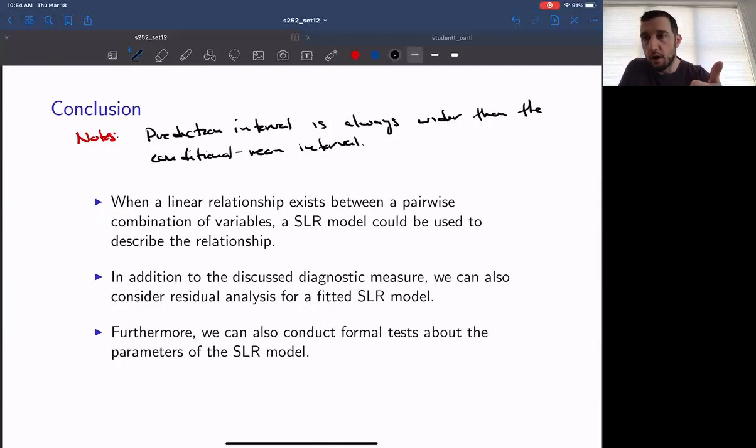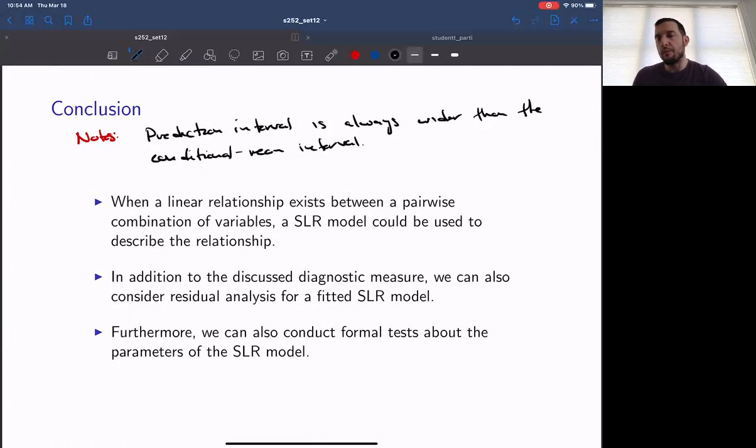We focused on the R-squared value, which is the coefficient of determination. And then we talked about residual analysis for assessing the assumptions. So in general, I think it would be fair to say that our assessment of the model does boil down to checking the assumptions of that model and making sure that there's no evidence to suggest that those assumptions are not true.